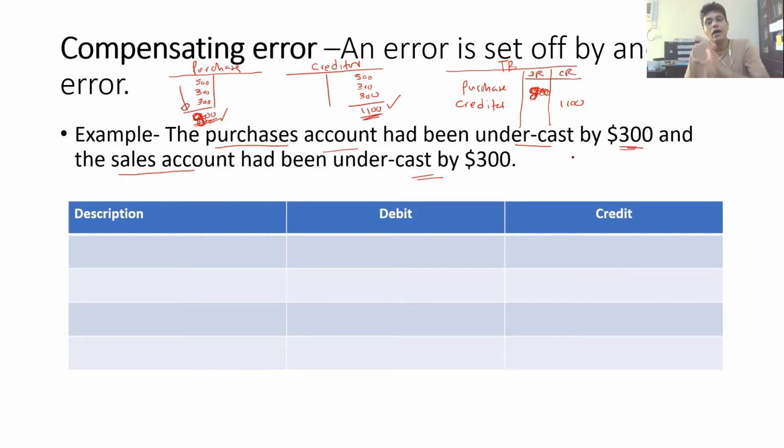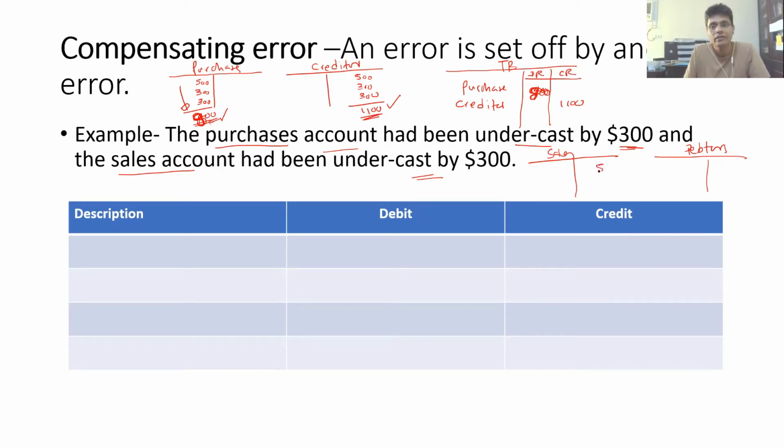Okay. Now, you have done a similar error in another account. What is that? We'll take another account, the similar error in the sales account. So, let's say this is your sales account, this is your debtors account. So you have done some certain transactions.